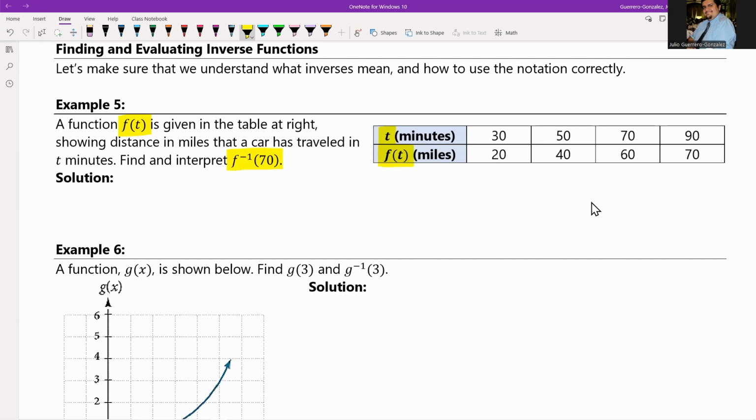So in this case, I care about this column right here. Does that make sense? Notice that t is my input, minutes. My output is f of t in miles.